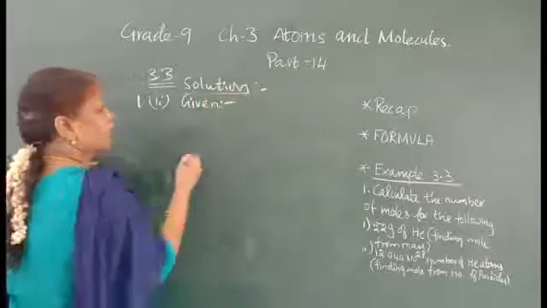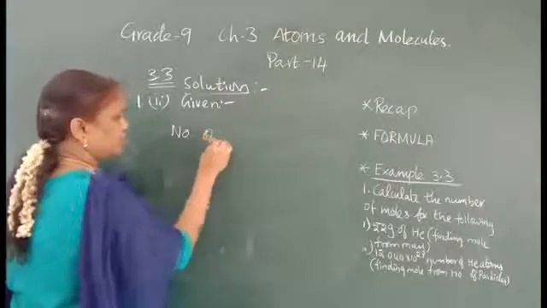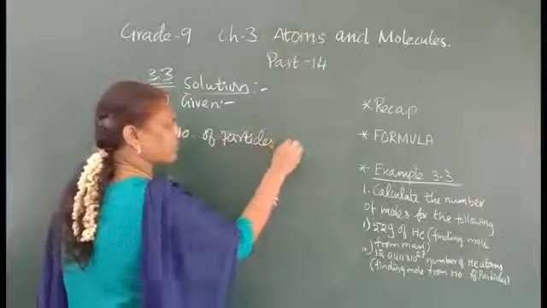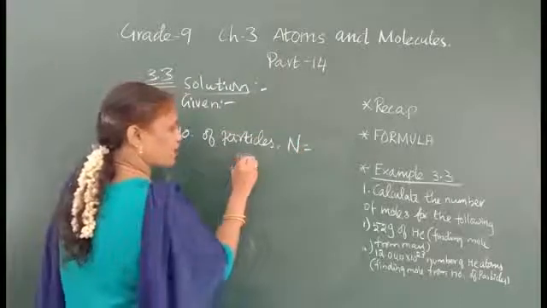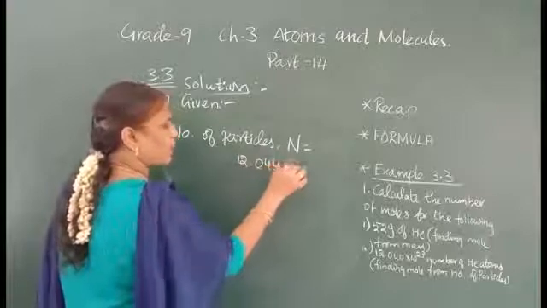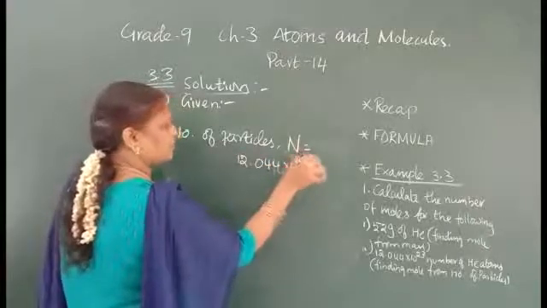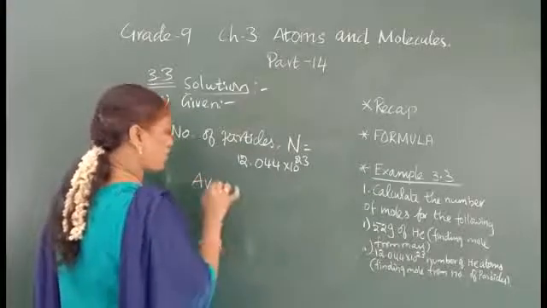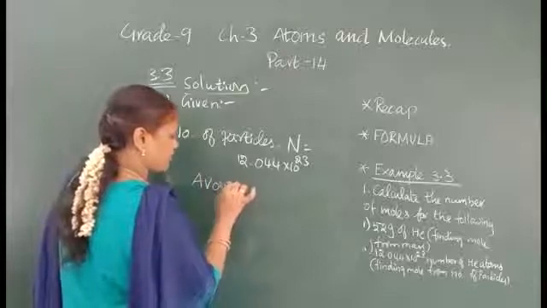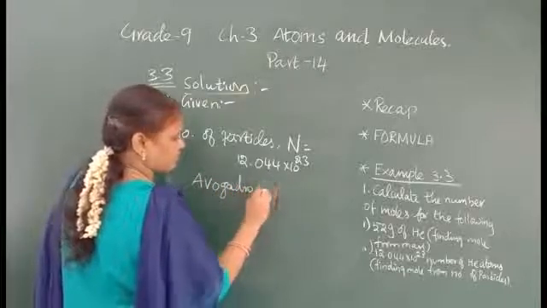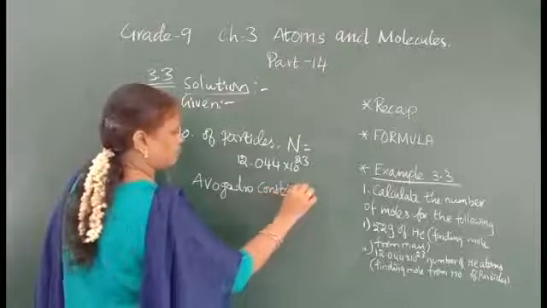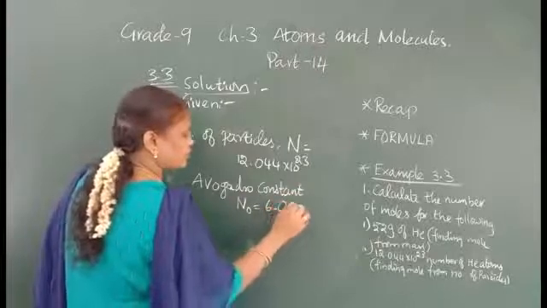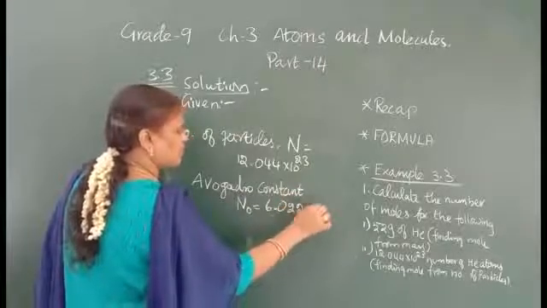Given. What is given? Number of particles is given. They have given the N naught, that is equal to 6.022 into 10 power 23.